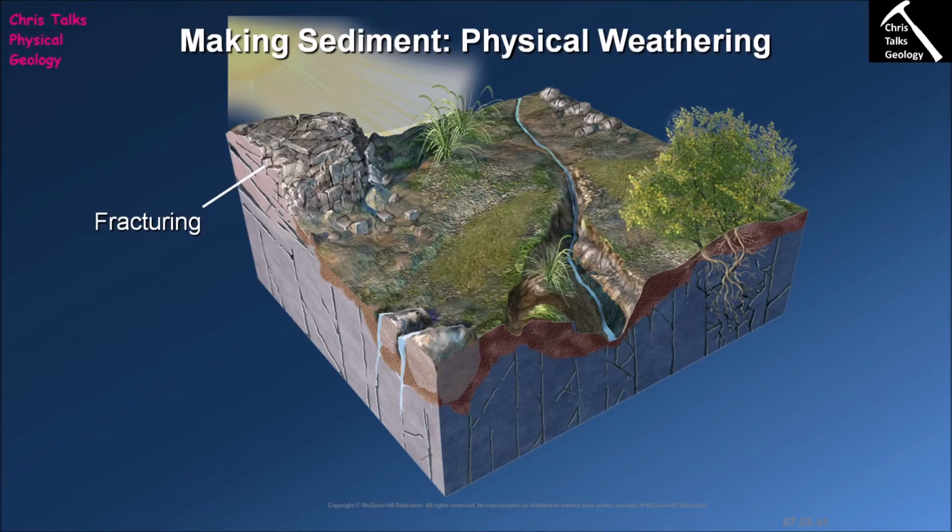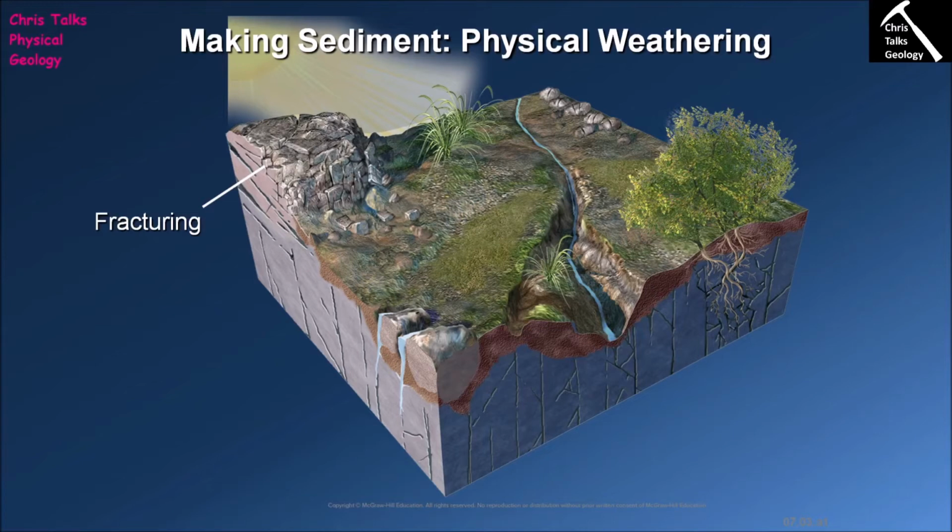Fracturing can be due to relatively simple processes such as landslides, but it is most commonly associated with uplift. Imagine this piece of rock was buried 5 kilometers down, so quite deep, under lots and lots of pressure, so it's going to be squished.